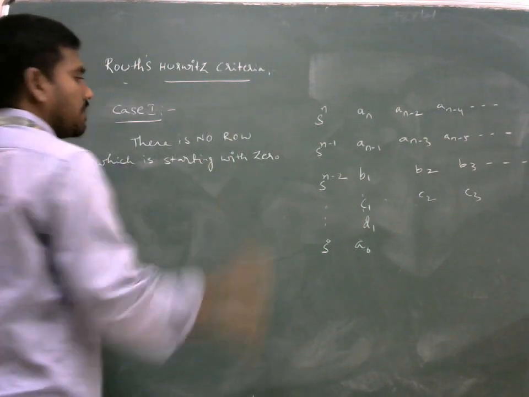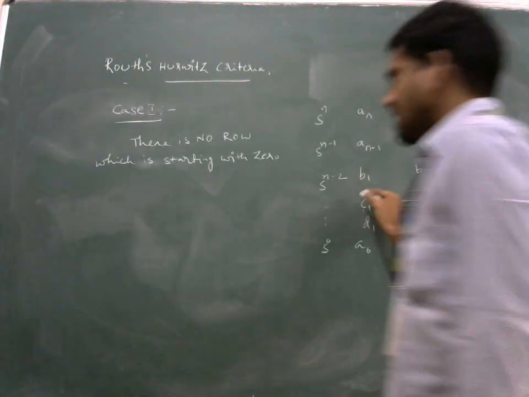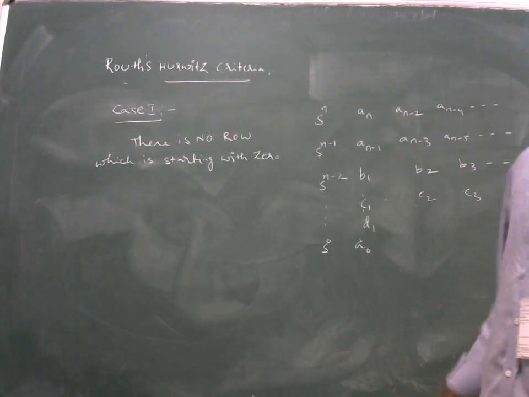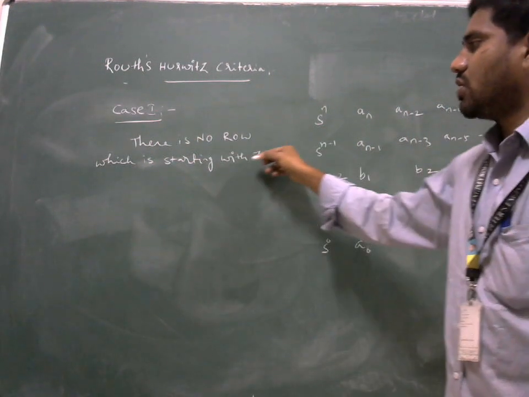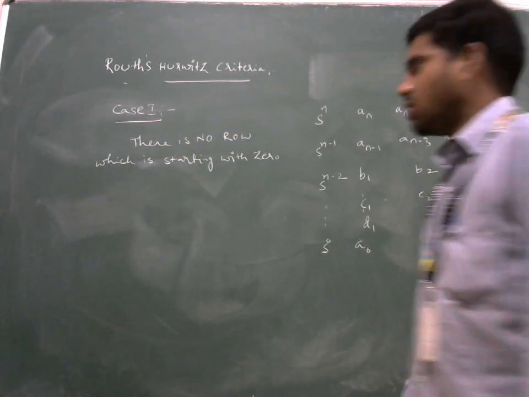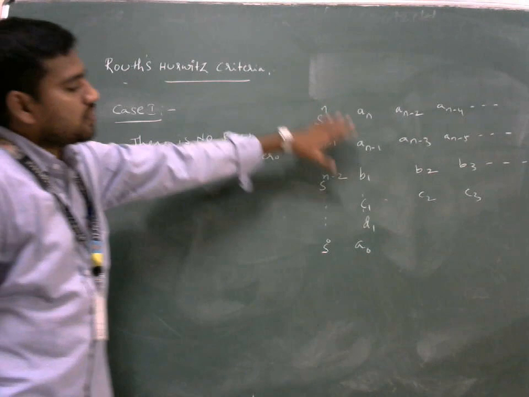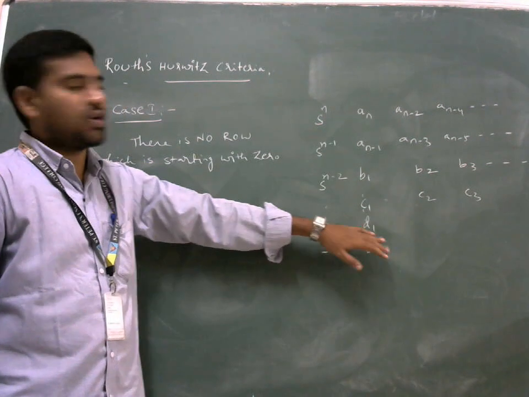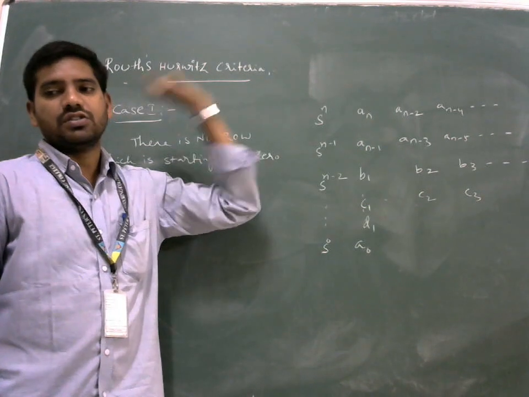Zero is nothing but a number. If a row starts with 0, then we are not going to use this; that is some other case. In this case, is there any row starting with 0? No row starts with 0.